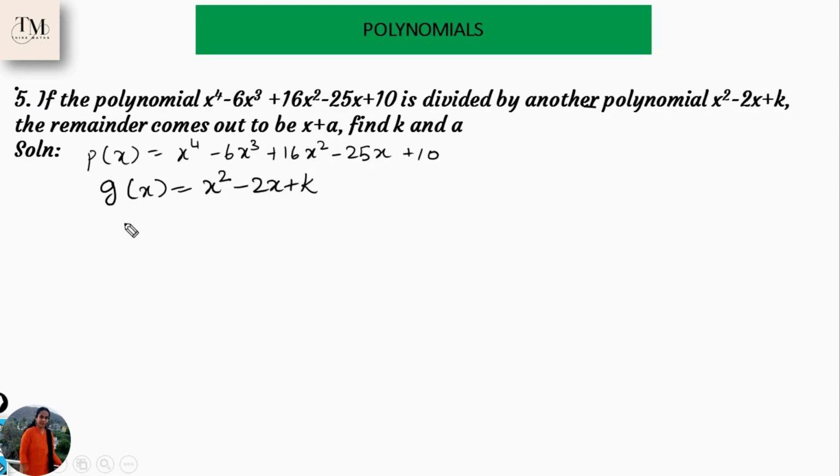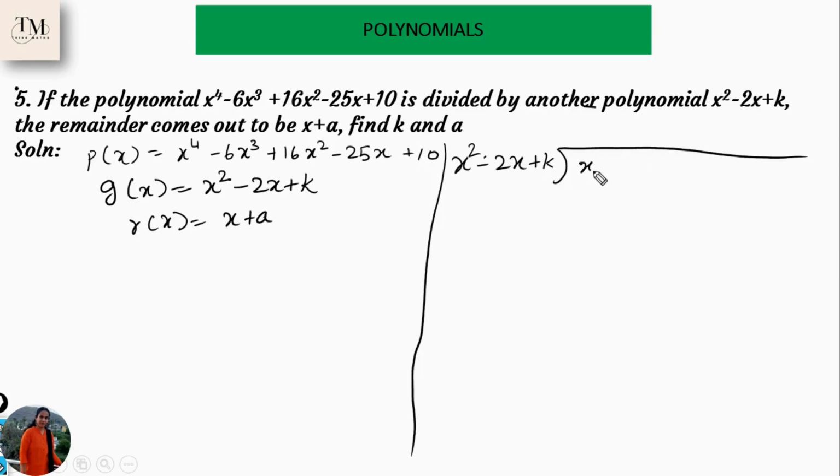Okay, so the remainder is r of x, which is equal to x plus a. Using this, we have to find k and a. So the given polynomial is divided by x square minus 2x plus k. So we are going to divide the polynomial. Okay, so x square minus 2x plus k.